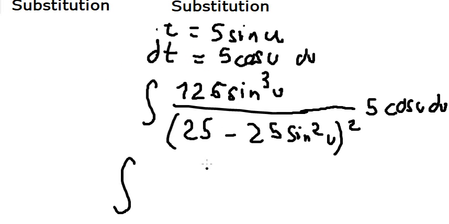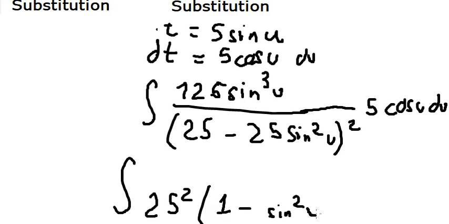Now we have number 25 and number 25. We can do about factorization, and you got about 25 times 1 minus sine u square. So we have number 5 and 125.